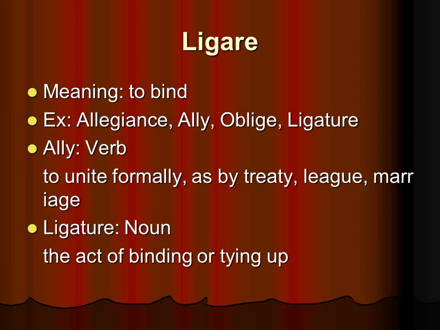The next one is liber, which is the same as the previous one, but it has a different meaning. For this one, it has the meaning of free. Examples of using liber in English words are liberal, liberty, and liberalism.